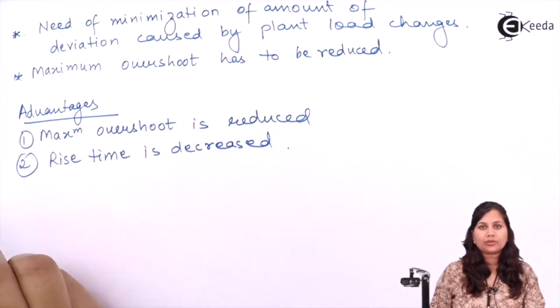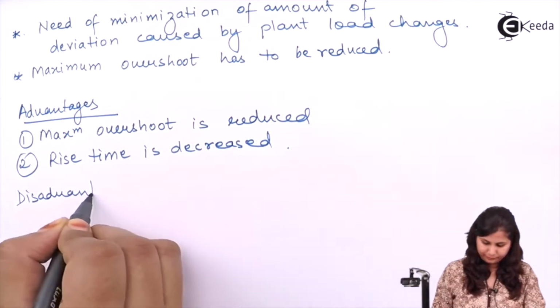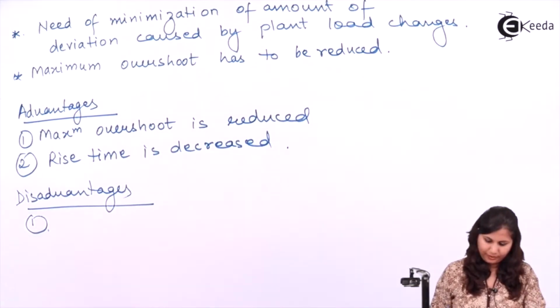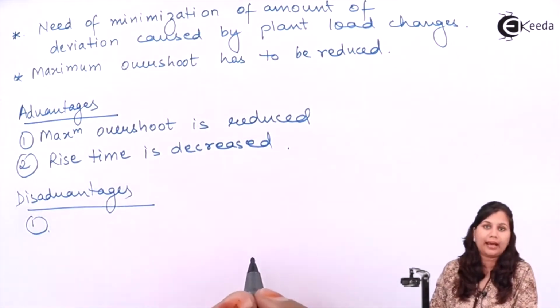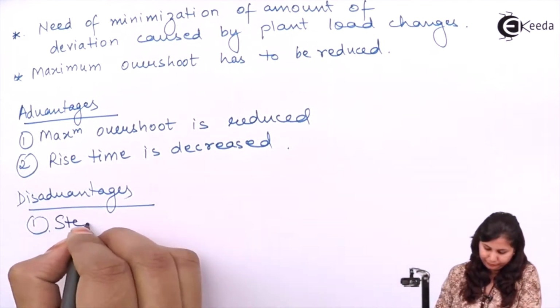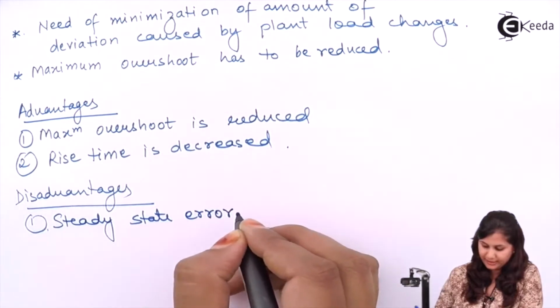The disadvantage of PD controller is that the steady state error is unchanged for the ramp input. We have calculated here the steady state error.